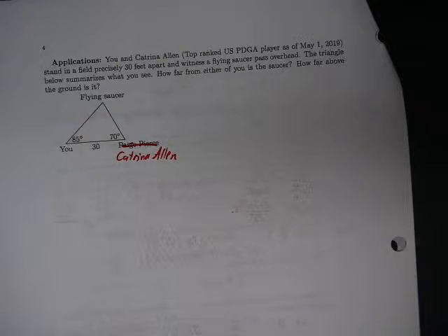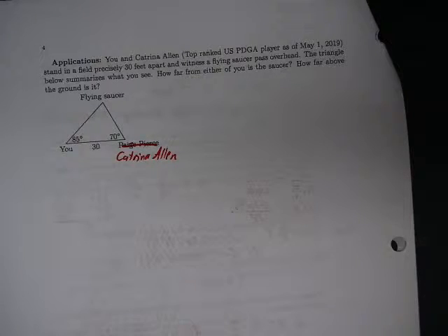You're standing precisely 40 feet apart, and as the flying saucer passes over you, each of you records the deviation of the angle from you to the flying saucer to the horizontal. You record the information in this picture. That should be enough information to determine any fact you want to know. You should be able to determine exactly where the flying saucer is.